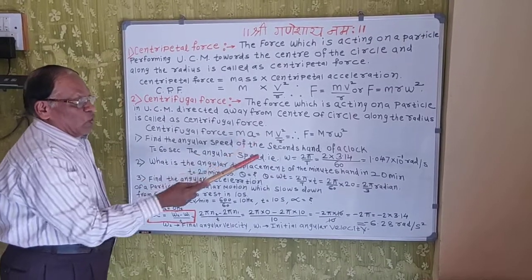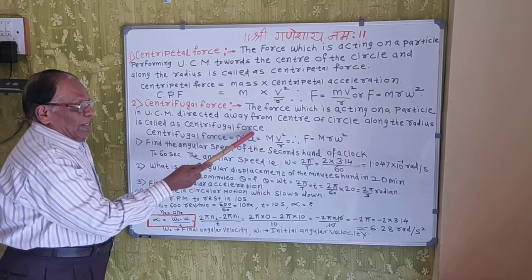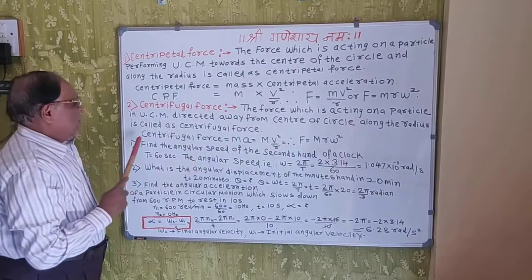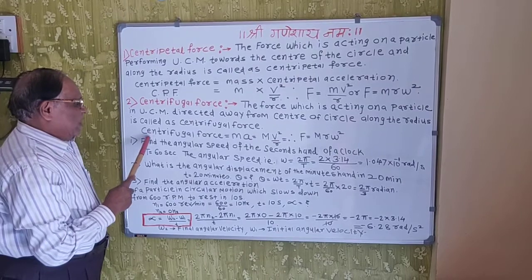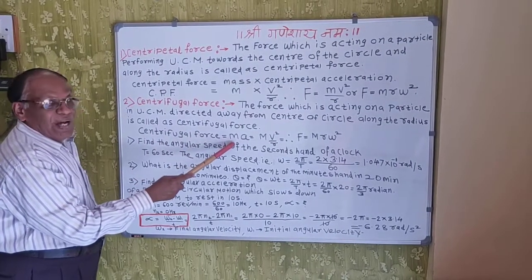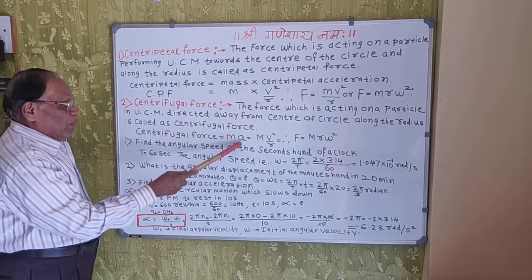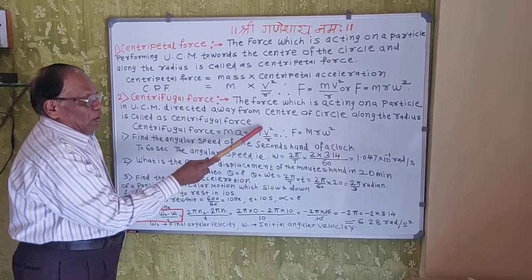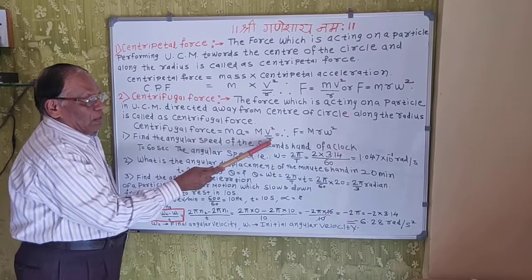Centrifugal force is also called as an imaginary force or pseudo force. Centrifugal force is equal to mass into centrifugal acceleration, and that is equal to m into v square by r.